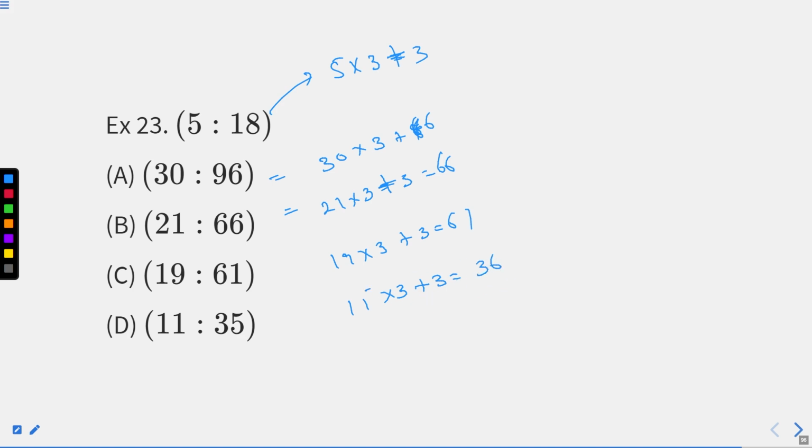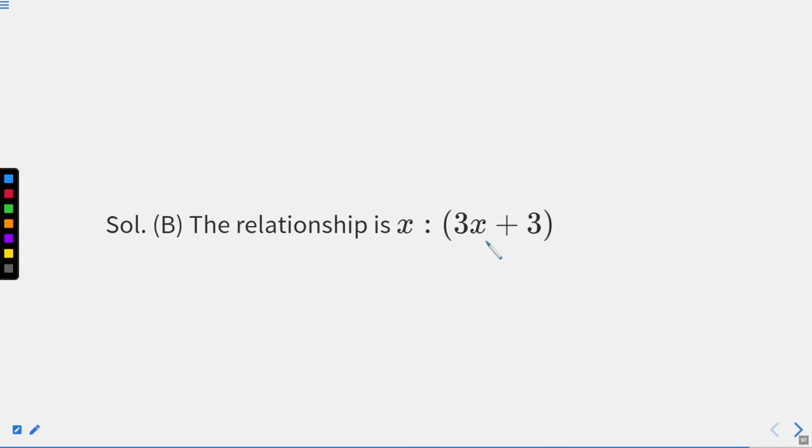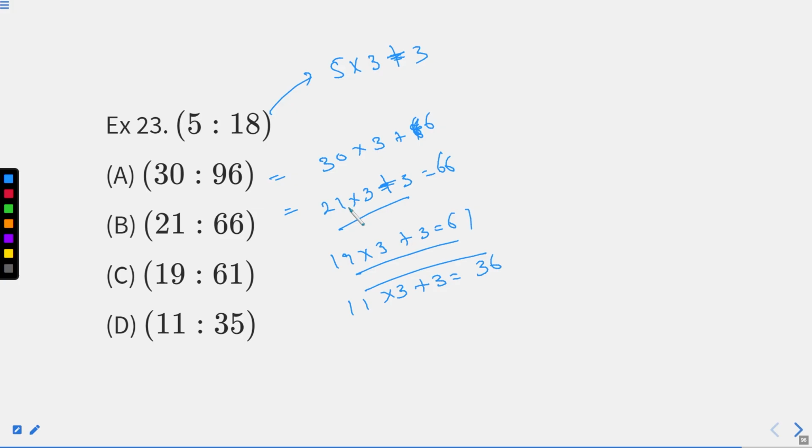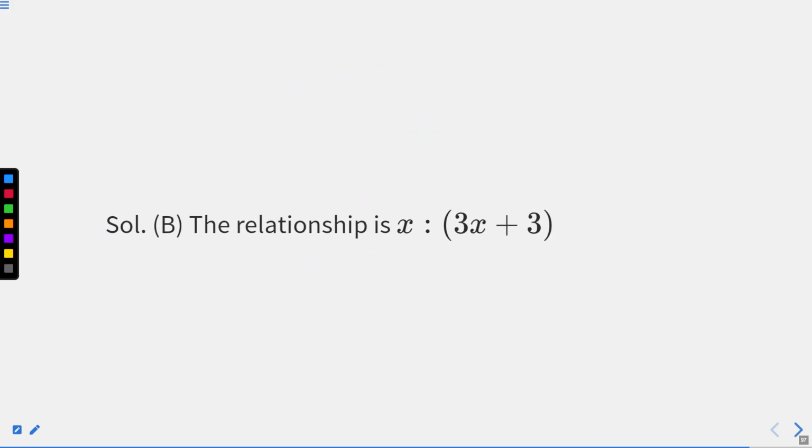We are not getting answers like this, right? But the relation will be the same. What we are getting is 3x plus 1. And this is followed by which? Option number B. 3x plus 3 is the only method that we are getting here, right? So option B satisfies this situation that we are following, right?